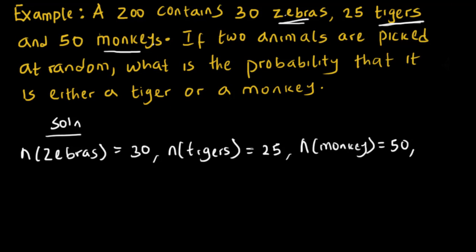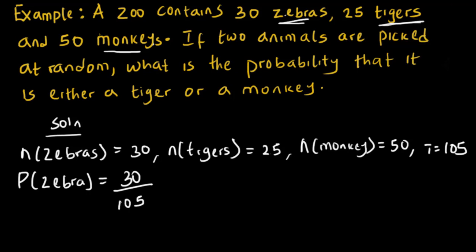So 30 plus 25 is 55. 55 plus 50 is 105. So total is 105. Do you understand this? So now we need to find the probability of picking a zebra. That will be, how many zebras do we have? 30 all over, what's the total number of animals?